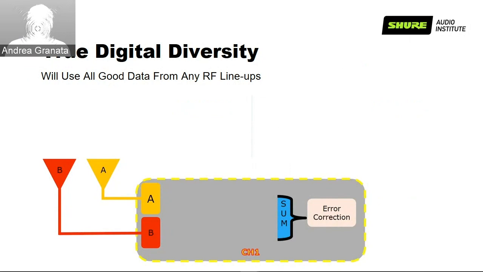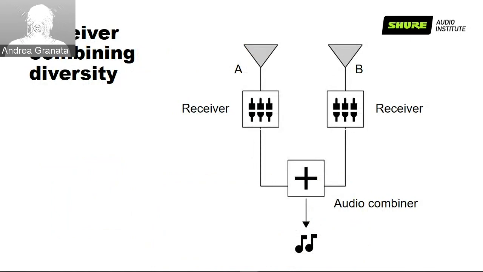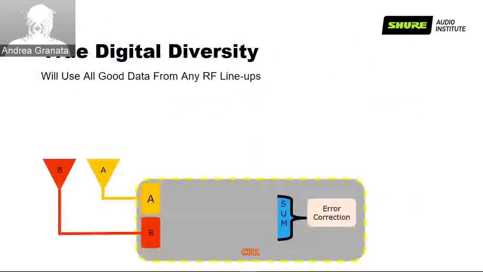Then we come to true digital diversity. How does true digital diversity implement this combining thing, which I remind you is working somehow like this: it's having two RF lines transforming the signal up to the level of digital audio, so a stream of bits, 0 and 1.